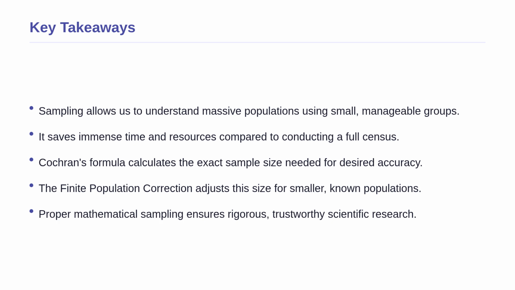We use mathematical tools like Cochrane's formula to calculate the exact sample size needed to guarantee our desired level of accuracy and confidence. Finally, if we are studying a small, known population, we apply the finite population correction to avoid surveying more people than necessary. Mastering these calculations empowers you to conduct highly rigorous scientific research.